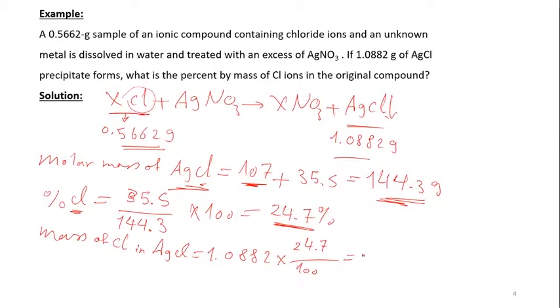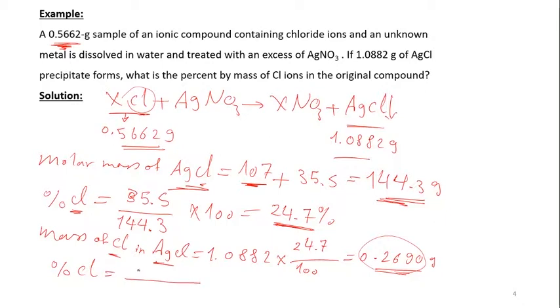From that I can find that it is equal to 0.2690 grams. Now I know the mass of chloride ions in silver chloride, and I know my original weight of the sample. So if I divide the mass of my chloride ions by the total mass of my sample, I can get the percent by mass of chloride ions.